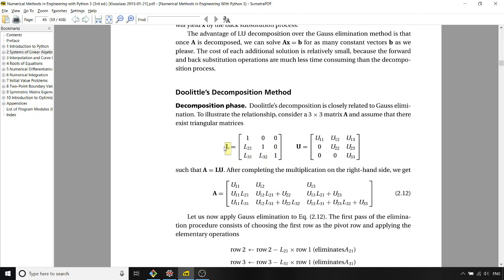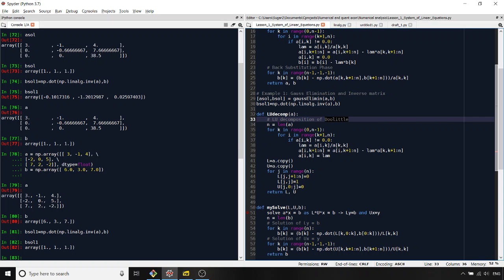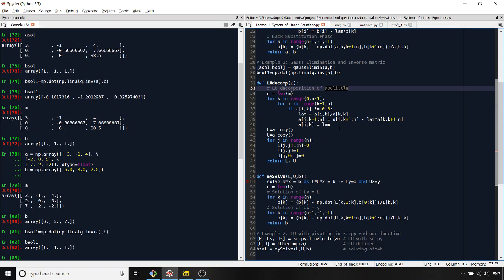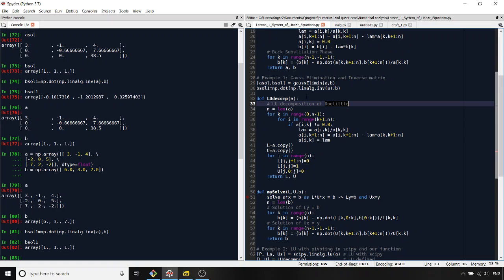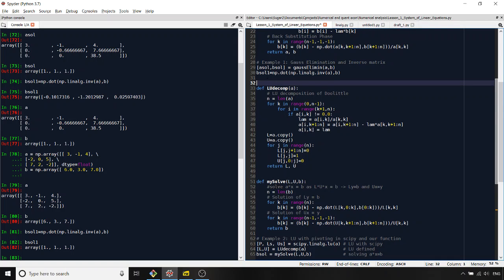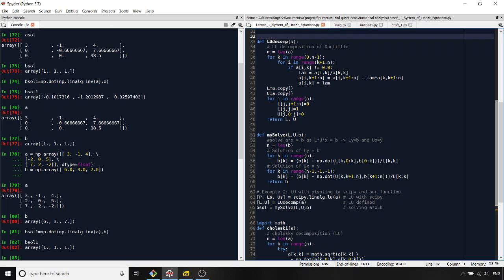If you multiply this lower triangular matrix with the upper triangular matrix, then we will get A. And the reason we need to do that is, here it's some implementation solution of the matrix. If you have a linear system like Ax equals B, we can turn it into LUx equals B.